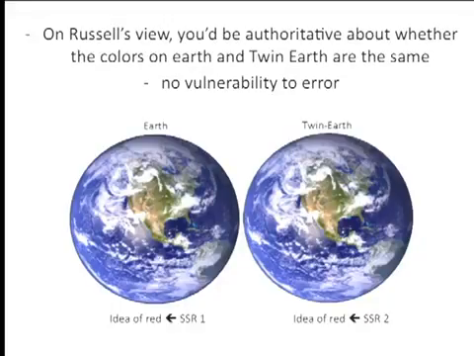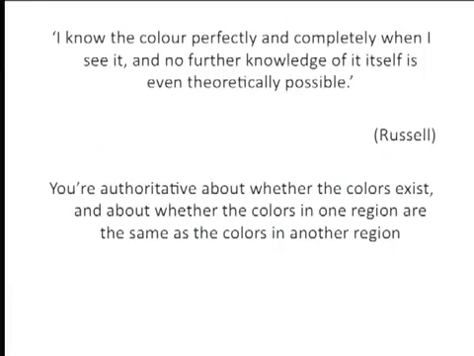So of course you can tell authoritatively whether they're the same. You're authoritative about whether there's such a thing as red, and you know when you're getting the same colour again. You're not vulnerable to error on this kind of picture. So in Russell's account, you're authoritative about whether the colours exist and about whether the colours in one region are the same as the colours in another region.